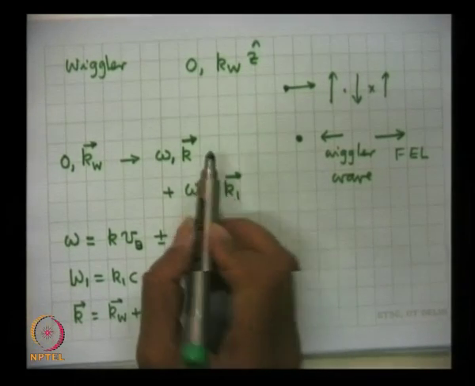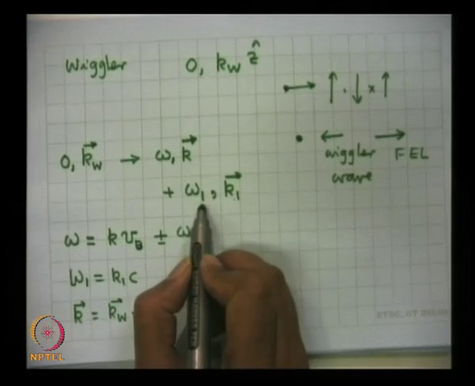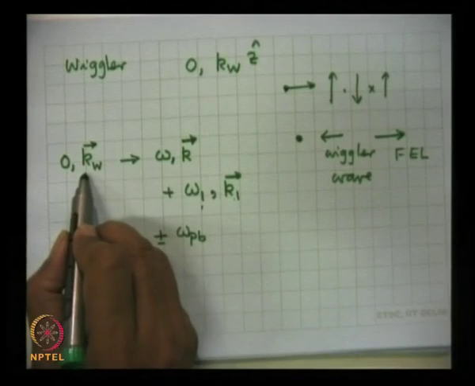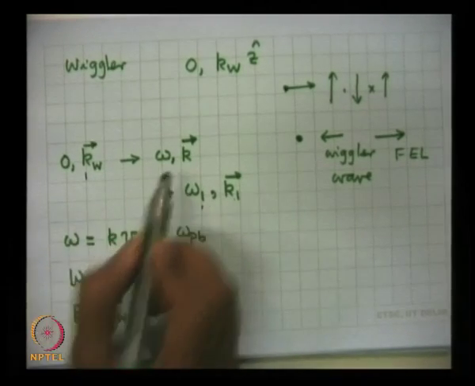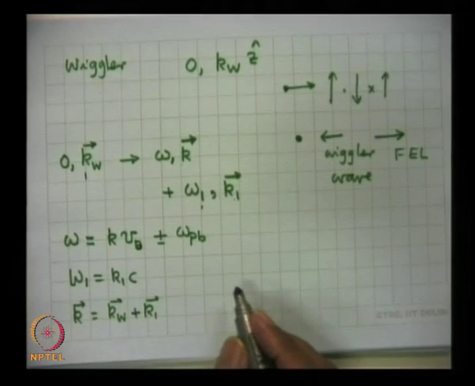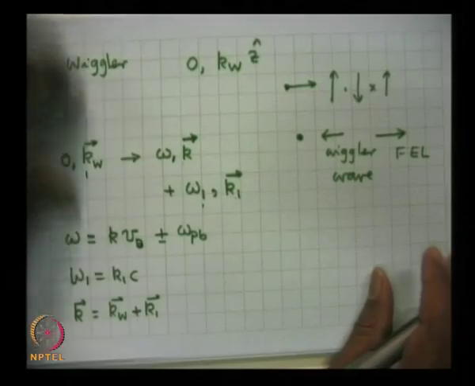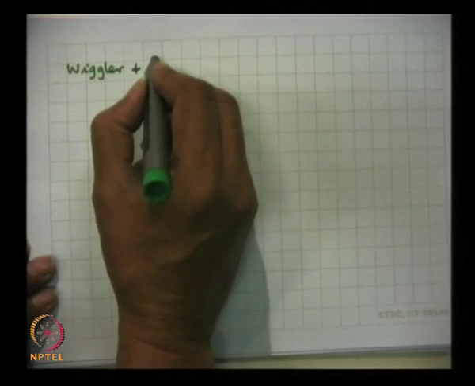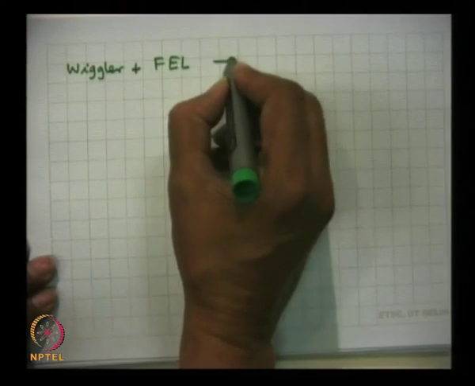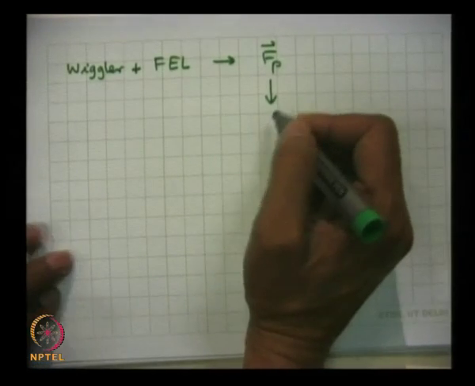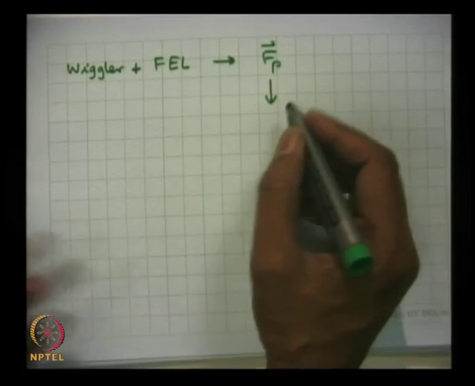So, what happens? The radiation wave and the pump wave, this pump wave means wiggler, both produce oscillatory velocities of electrons. They also exert a ponderomotive force at this frequency. So, the dynamics of the instability is like this: wiggler plus FEL radiation produce a ponderomotive force, and the ponderomotive force gives rise to density bunching, compression, rarefaction of electrons.